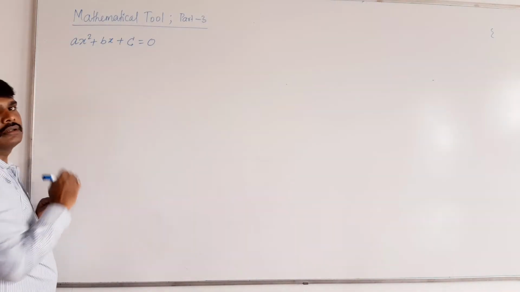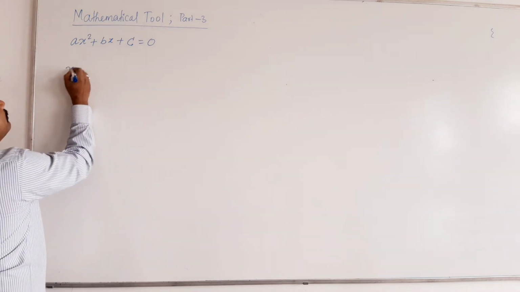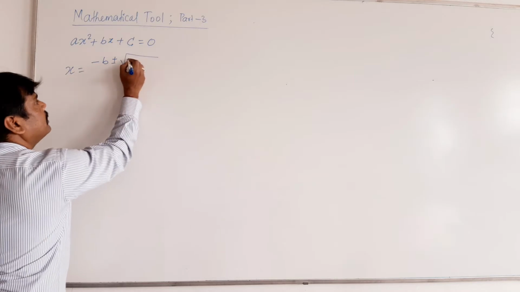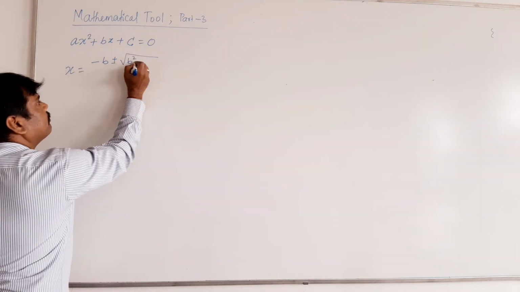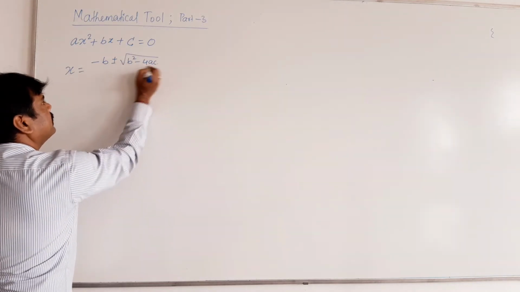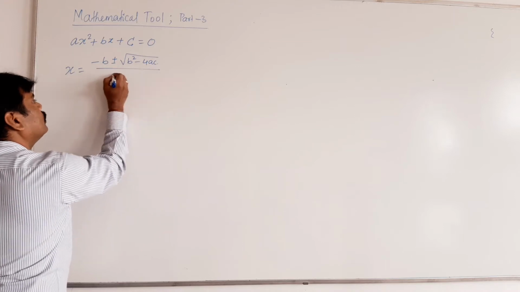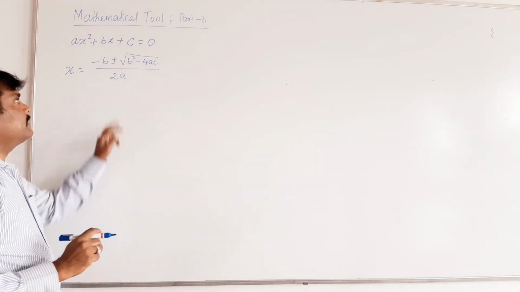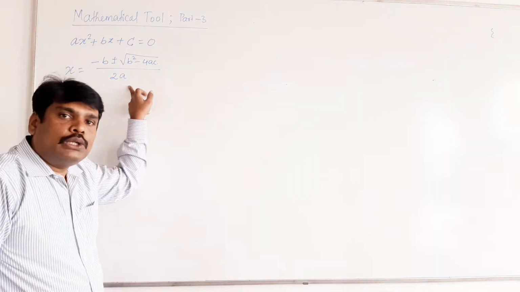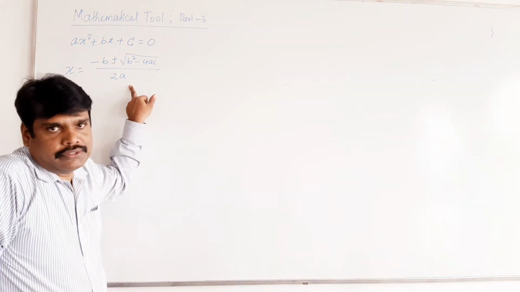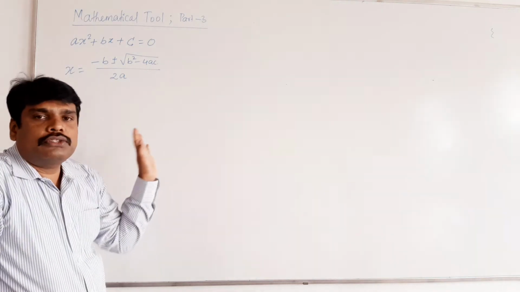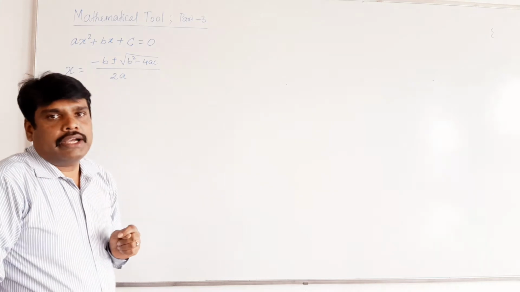To get the solution of quadratic equation, x is equal to minus b plus or minus square root of b square minus 4ac divided by 2a. So this is the general formula for solution of quadratic equation. With the help of this formula also we can solve any quadratic equation.